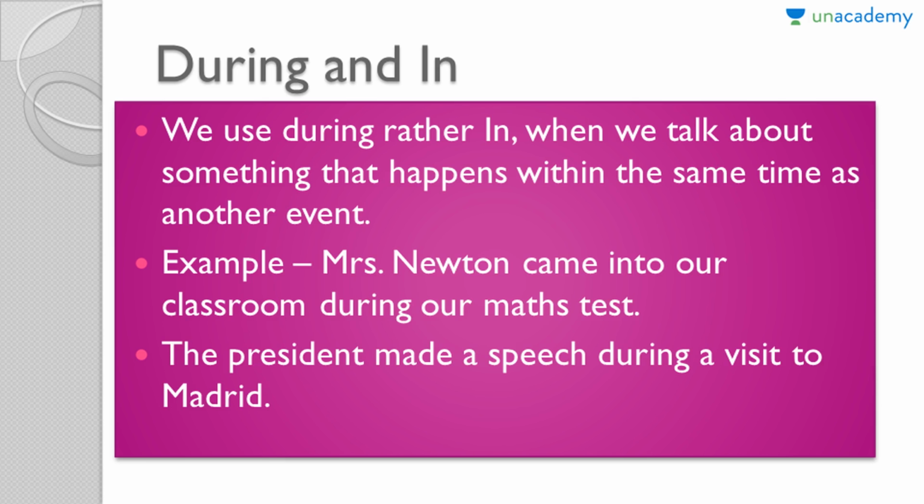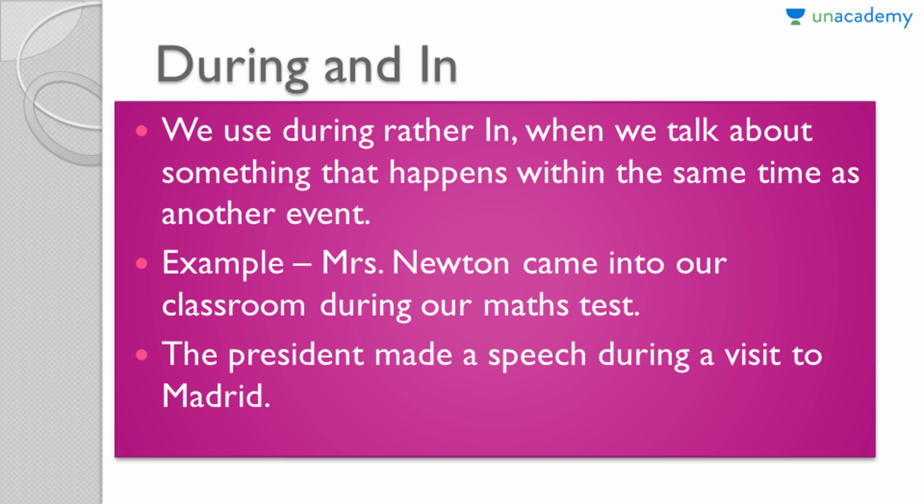This is the reason you are going to give. Because the 2 events were happening simultaneously, that was the reason you couldn't attend. And because the 2 events were happening simultaneously, that is the reason we use the word during while conveying the apology or while conveying the reason.